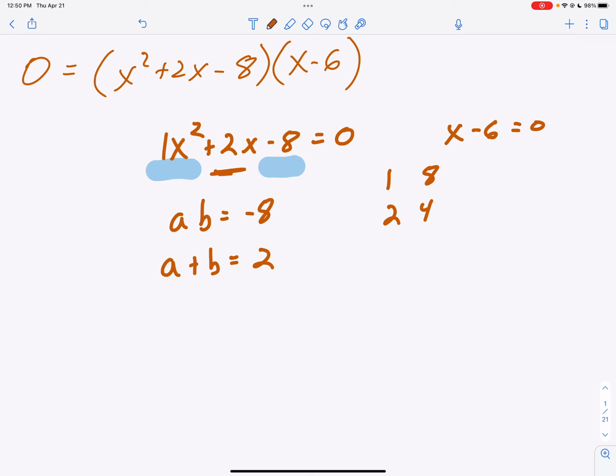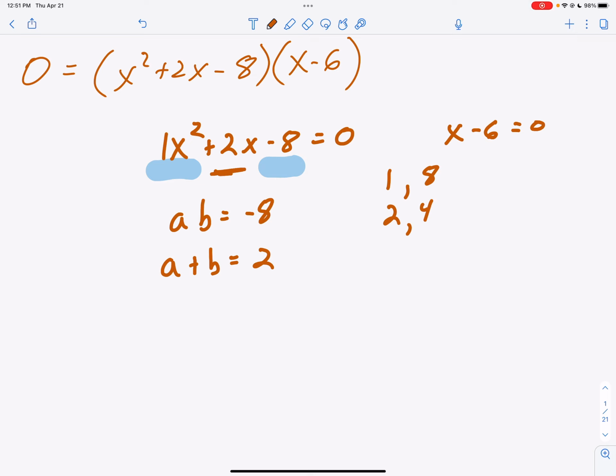Now our sign is negative right here, so one of these is going to have to be negative, but not both. It's all kinds of possibilities. So it's going to be 1 and -8, or -1 and 8, -2 and 4, or 2 and -4.